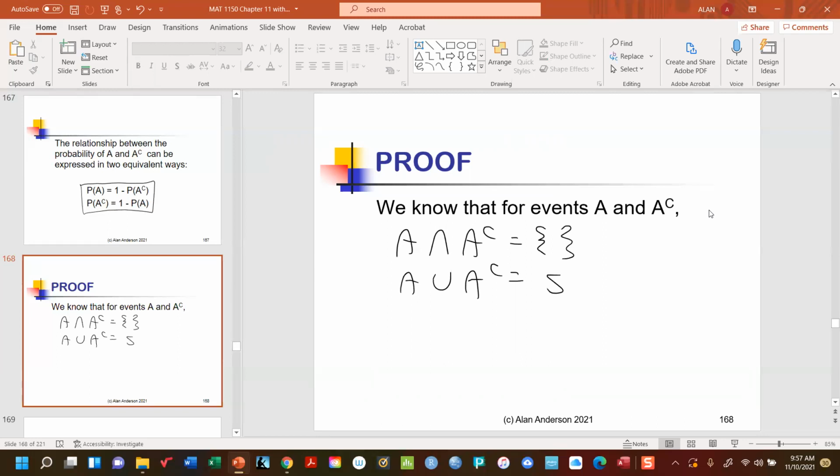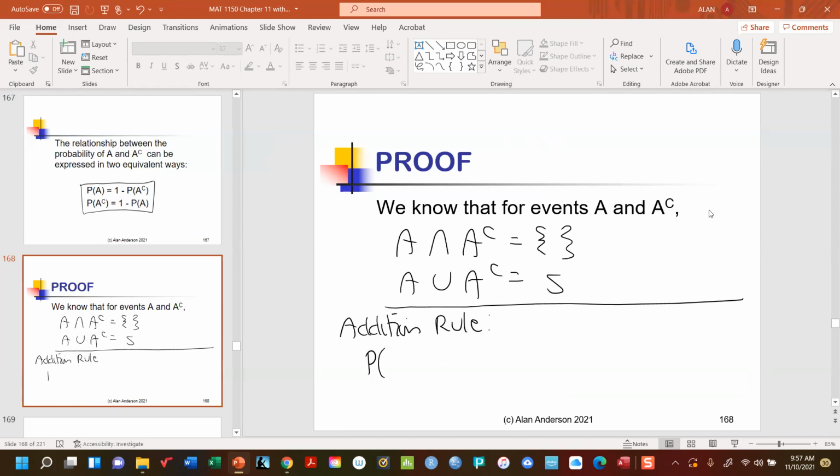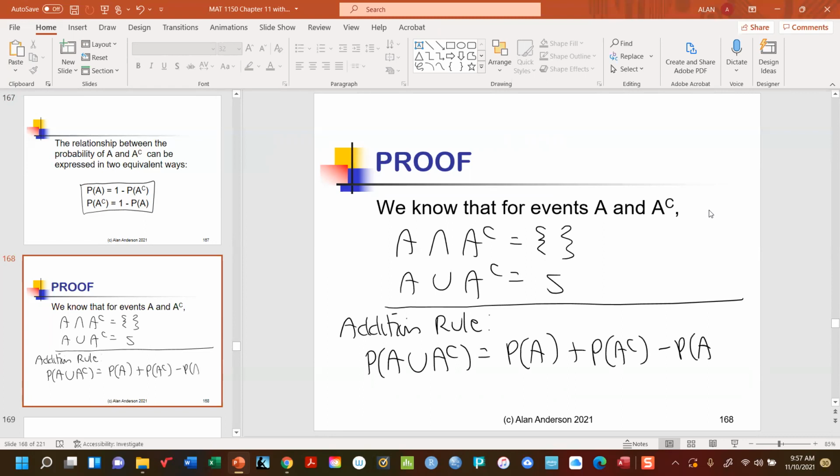So if I try to apply the addition rule to these events, that would be what it would look like.